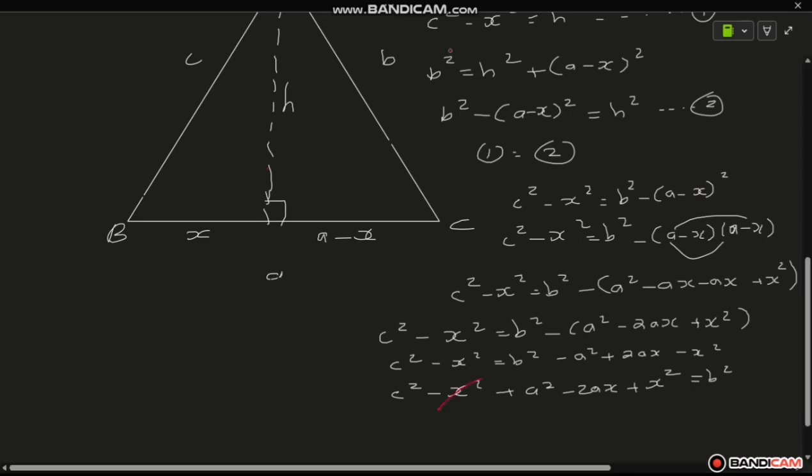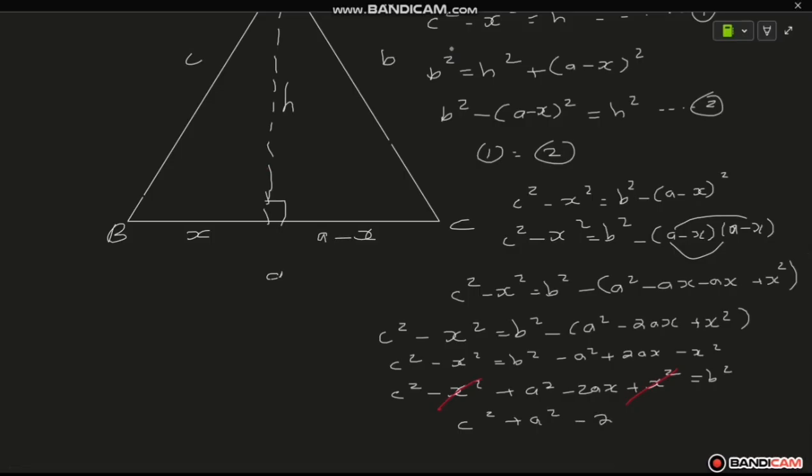Now we transpose everything to the left except the b squared: c squared minus x squared plus a squared minus 2ax plus x squared equals b squared. The x squared terms cancel out, because they are the same but with different signs. I hope you see that. Therefore, c squared plus a squared minus 2ax equals b squared.